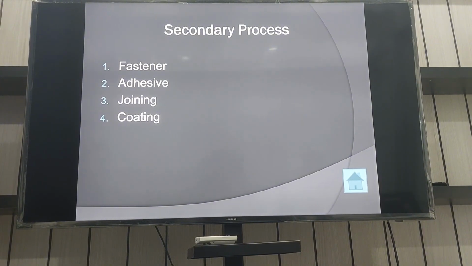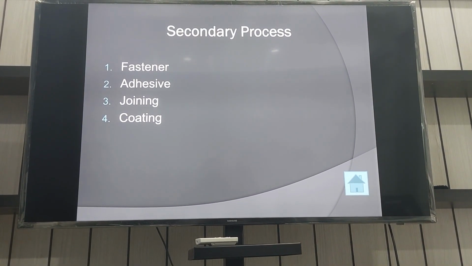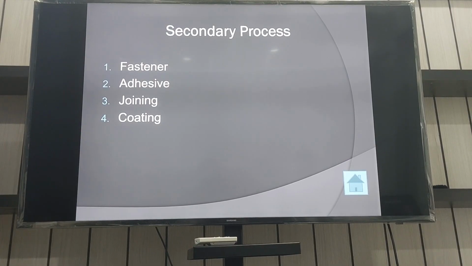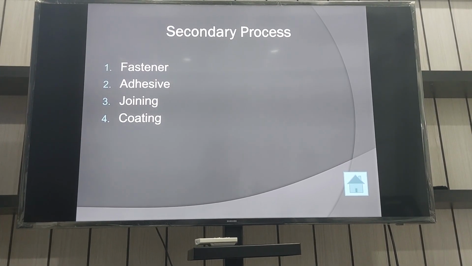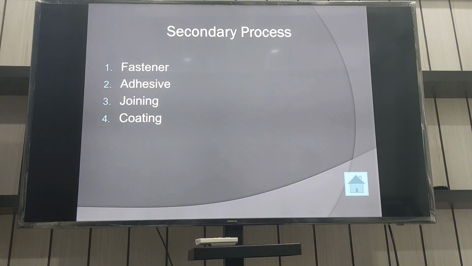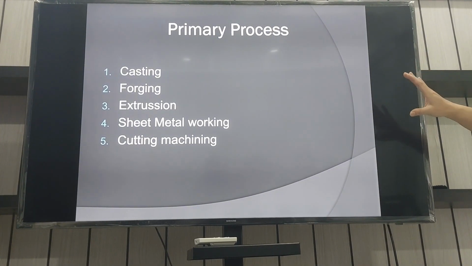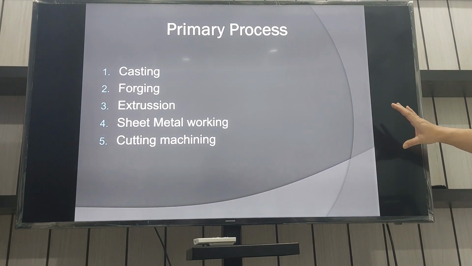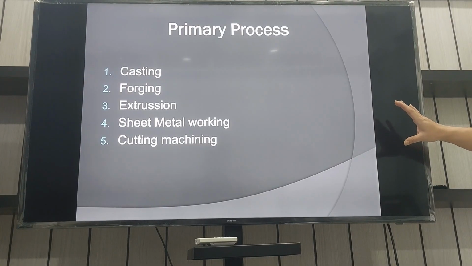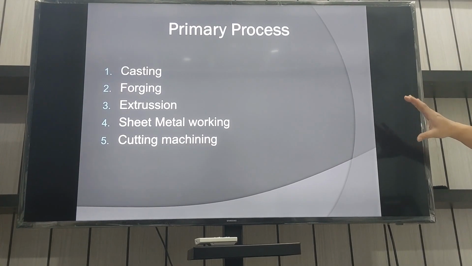And secondary process is to enhance a product. Maybe coating, to protect. Casting, forging, extrusion, sheet metal working, cutting, machining, to give a form, yes, to shape material into another shape.